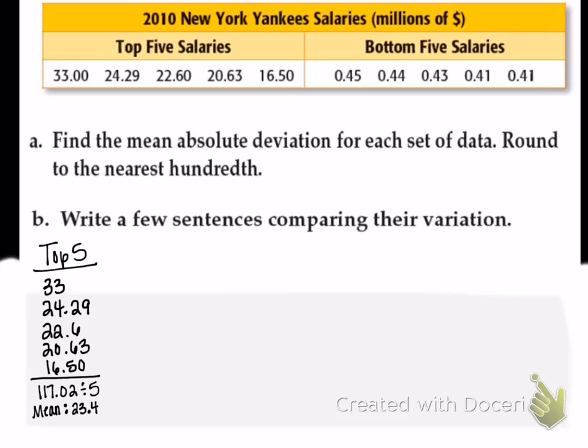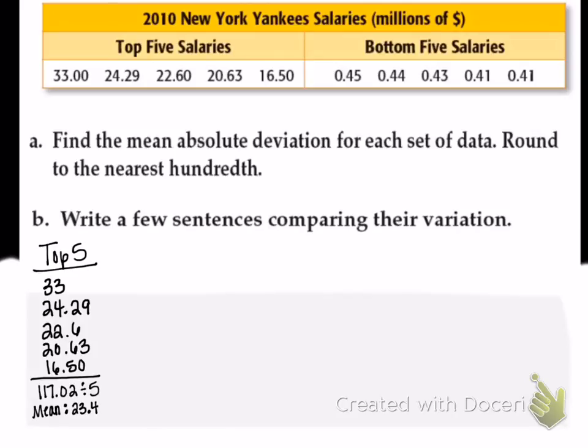As we start to analyze this data, we have to realize that we have two sets of data: first the top 5 salaries, secondly the bottom 5 salaries. And the very first step when calculating the mean absolute deviation is to find the mean. When you add the top 5 salaries together, you get 117.02. You divide that by 5, leaving you with a mean of 23.4.